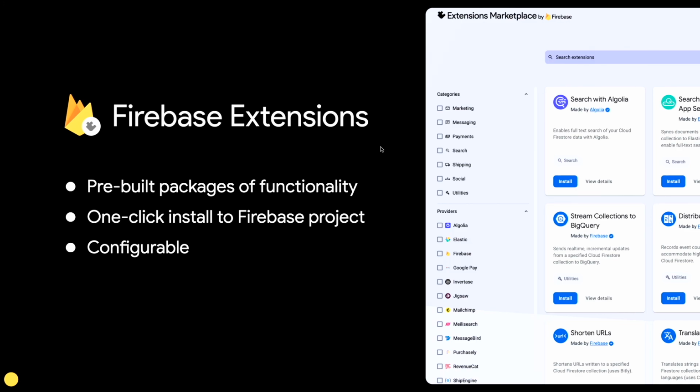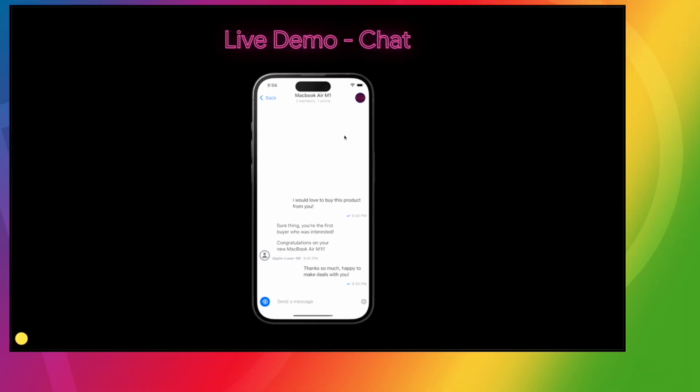And the cool thing is you don't have to write any code, because either Firebase or those other companies who provide those services have done the heavy lifting for you, and you can easily add those features to your application and configure them. Under the hood, it's all Cloud Functions.